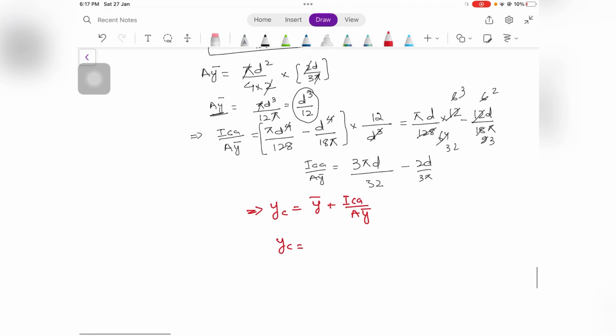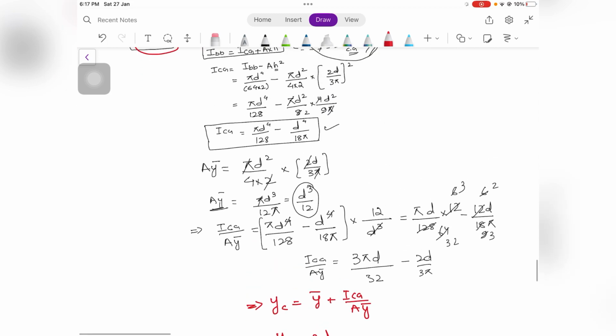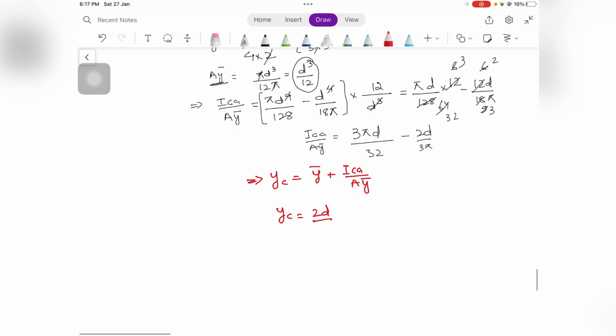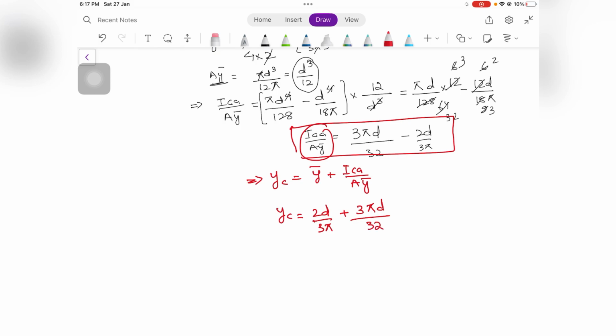So let us put this value: 2d upon 3 pi plus, and this is ICG upon A y bar, equals 3 pi d upon 32 minus 2d upon 3 pi.